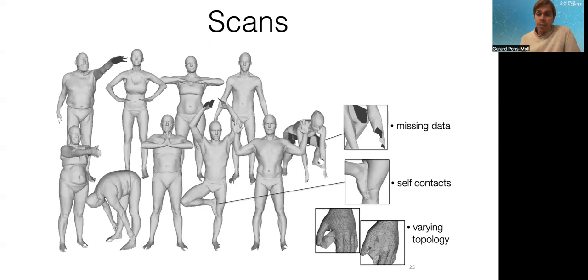And scans bring a lot of problems: they have missing data, self-contacts, varying topology, varying resolutions. So learning from scans is difficult. So let's assume for a second that we have the registrations. We have somehow managed to register a template mesh to each of the scans. If we've managed to solve this problem first, then training the model becomes much easier.